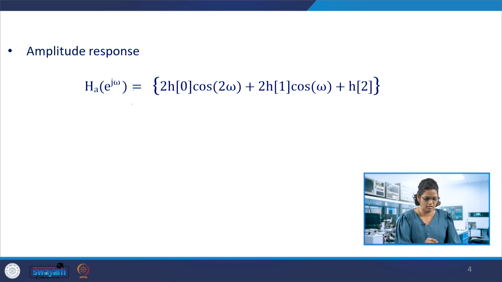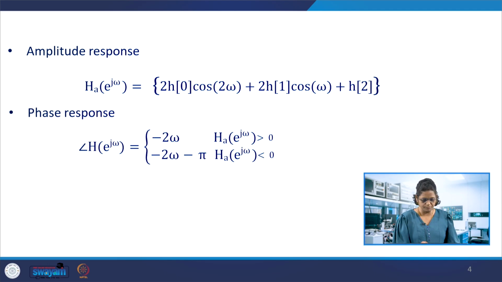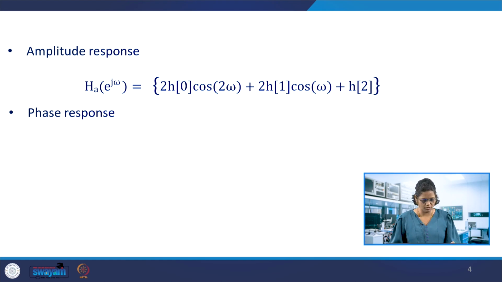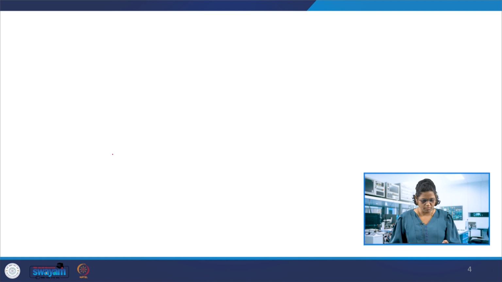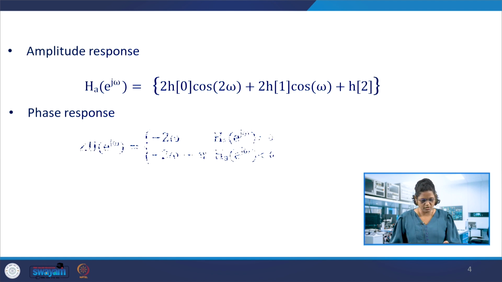The phase response is minus 2 omega, which comes from the factor e power minus j 2 omega in this equation.